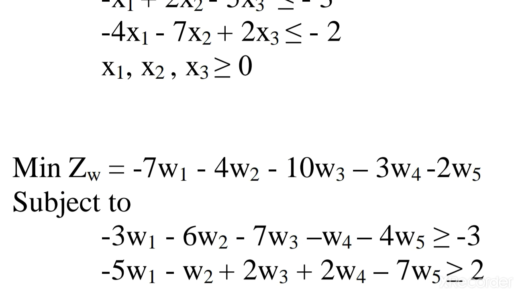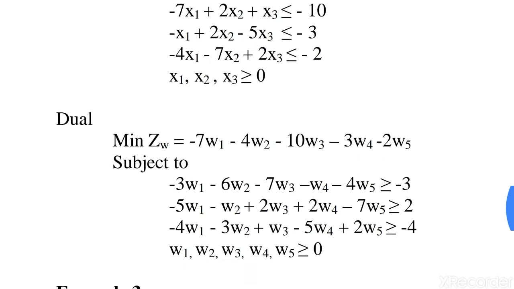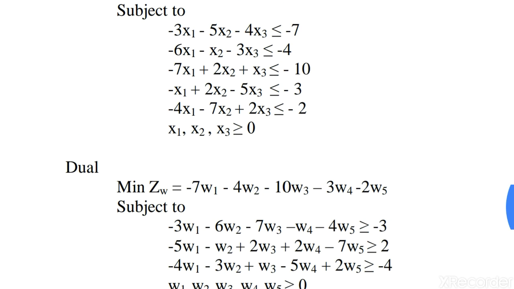Then what happens to your constraints? All the constraints are in horizontal form, for example minus 3x1 minus 5x2 minus 4x3. It will be converted to vertical, again the transpose. So instead of that you get minus 3w1 minus 6w2 minus 7w3 minus w4 and minus w5.